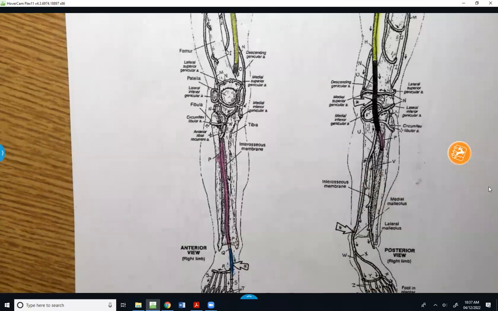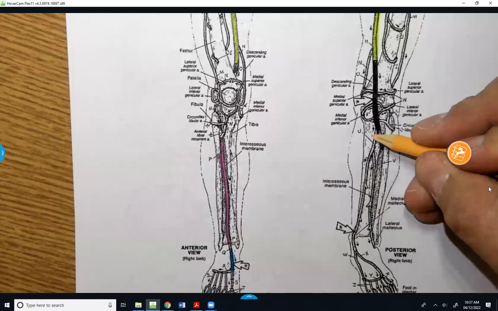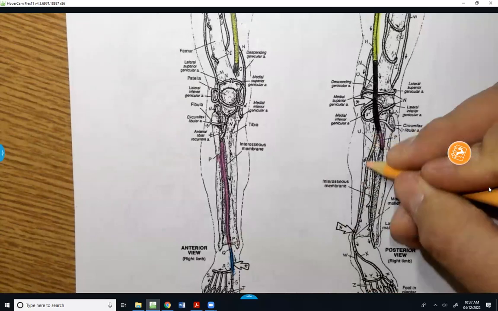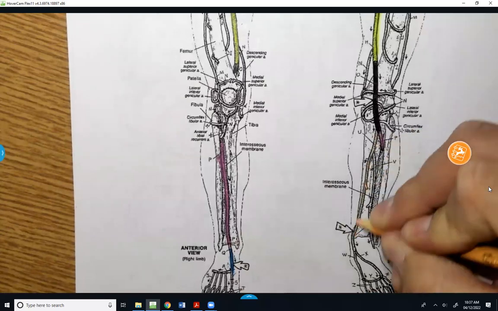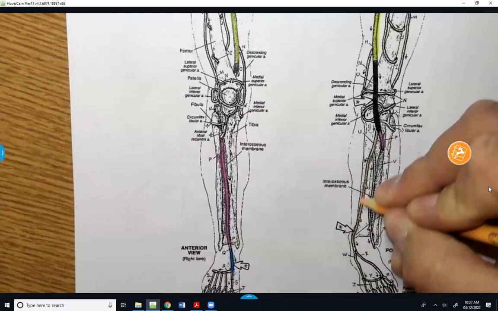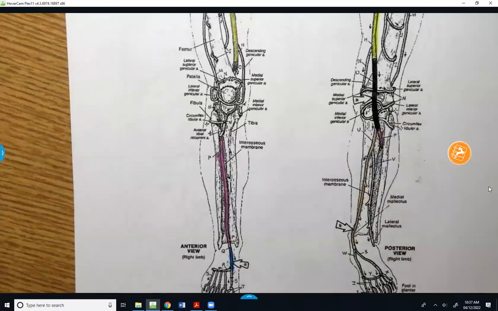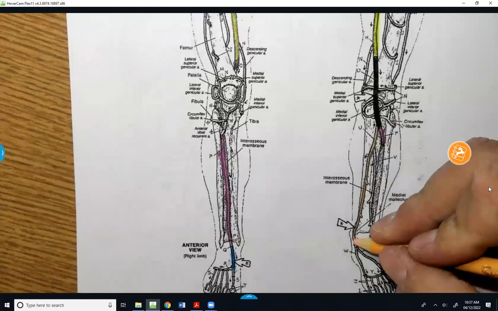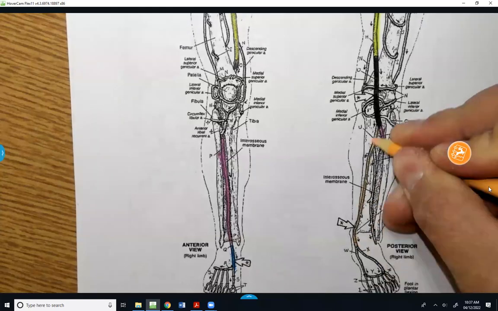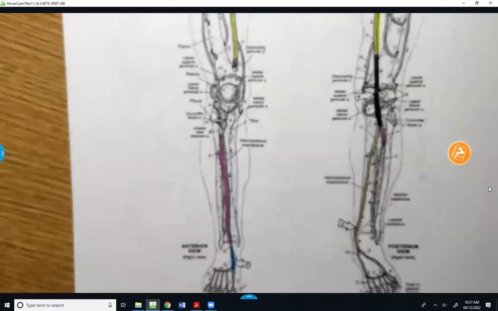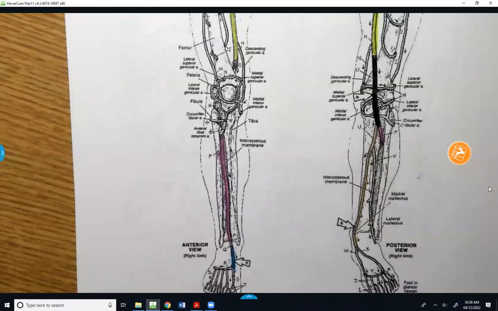The other branch coming off of the popliteal artery is here, letter U, which is the posterior tibial. Runs down the tibia on the back side, just like the anterior tibial, which was on the front side. And then there's two things coming off of it I want you to know.